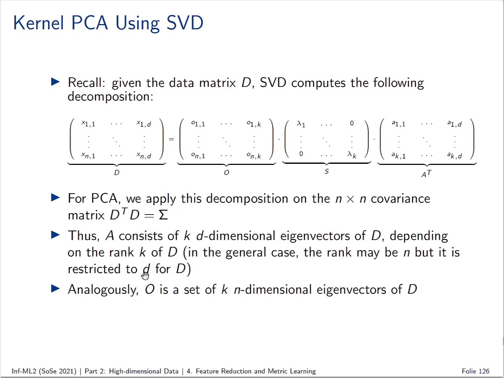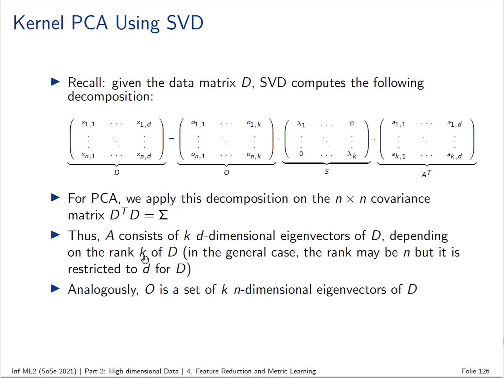We get d-dimensional eigenvectors of the data set D when applying PCA. And they are here in this matrix A, and that is the relationship of the features to the concepts.